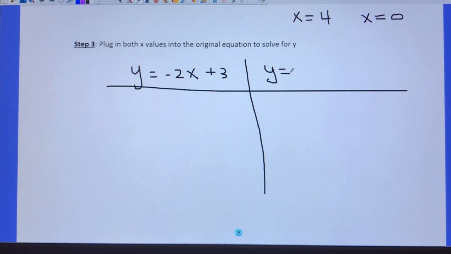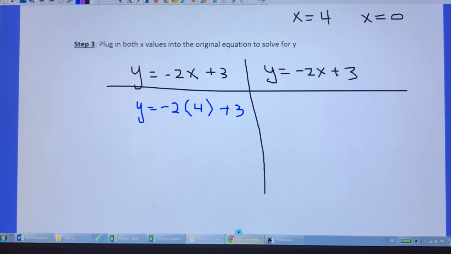So y equals negative 2x plus 3. Since it's x, I'm going to put that number there instead: 4. So y equals negative 2 parentheses 4 plus 3.